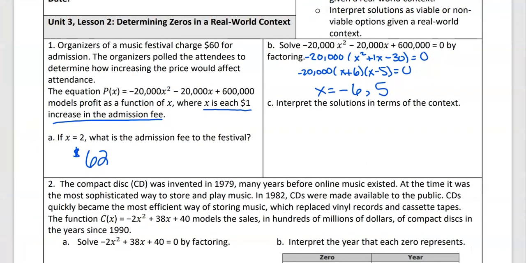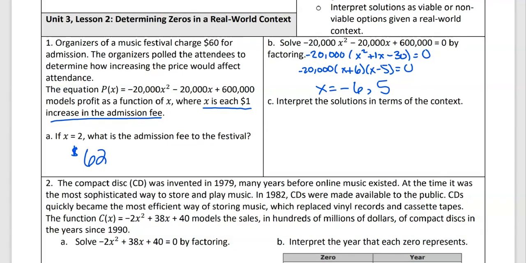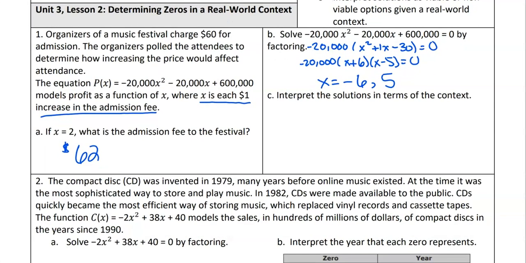So today we're also going to interpret those meanings. Because X is a $1 increase to the admission fee, what does it mean to have X equals negative 6 as a solution or X equals positive 5 as a solution?